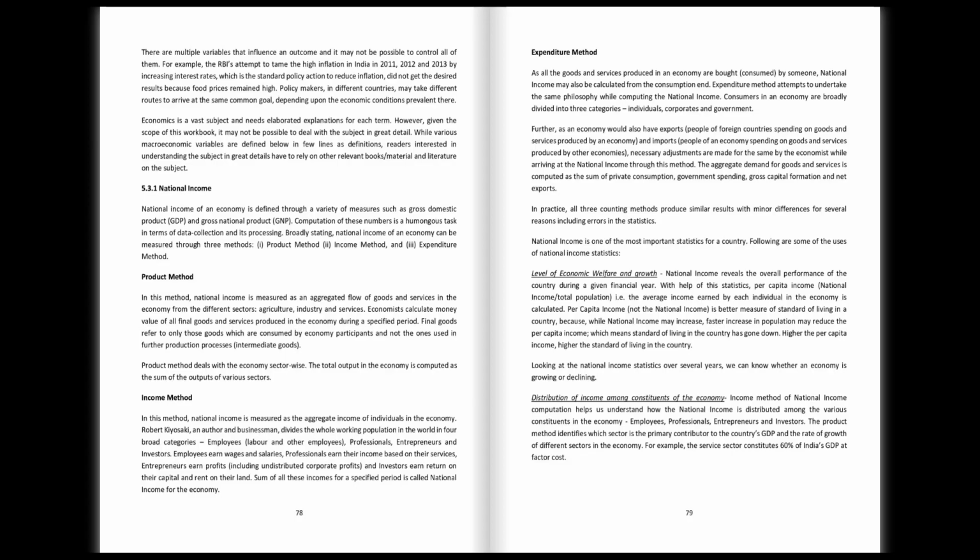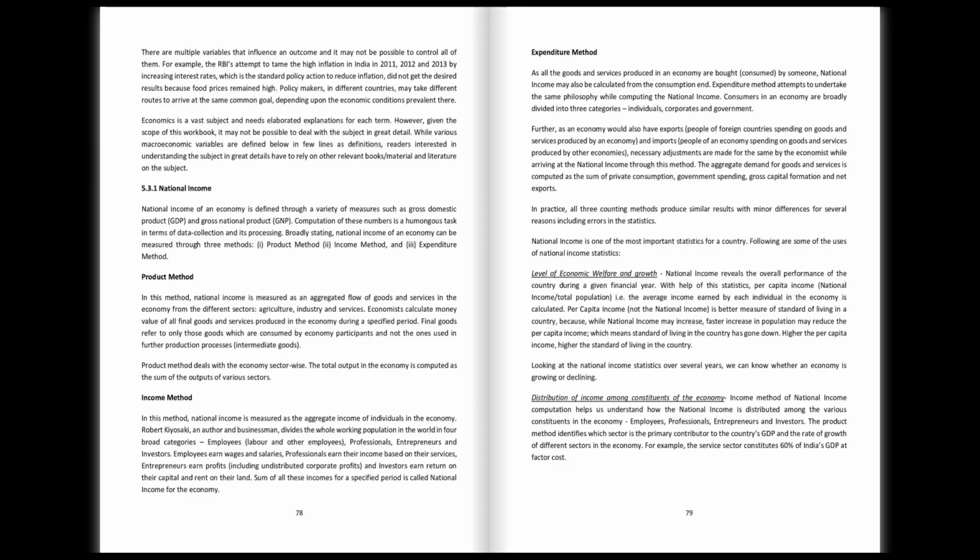Following are some of the uses of national income statistics. Level of economic welfare and growth. National income reveals the overall performance of the country during a given financial year. With the help of this statistic, per capita income, national income divided by total population, that is, the average income earned by each individual in the economy, is calculated.